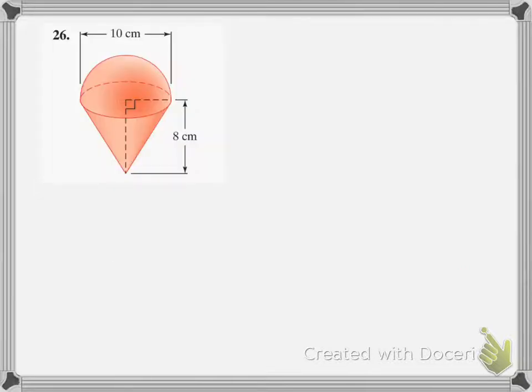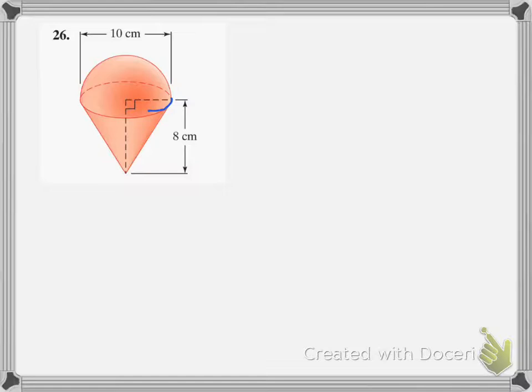Okay, this one's a little harder because we've got two parts to find the volume. This is kind of like an ice cream cone, I guess you could call it. We first have to find the volume of the bottom half of it, which would be a cone. And then we have to find the volume of the top ice cream part, which is going to be a hemisphere, half a sphere.